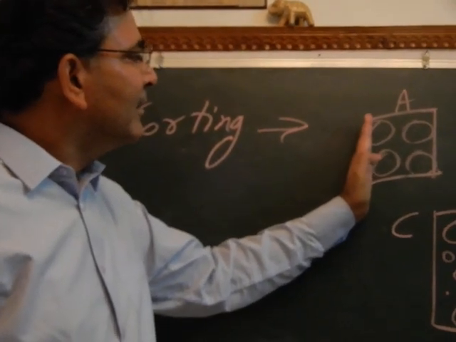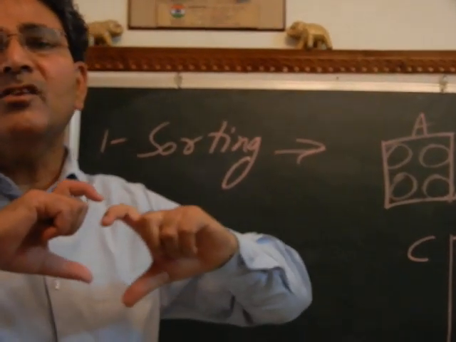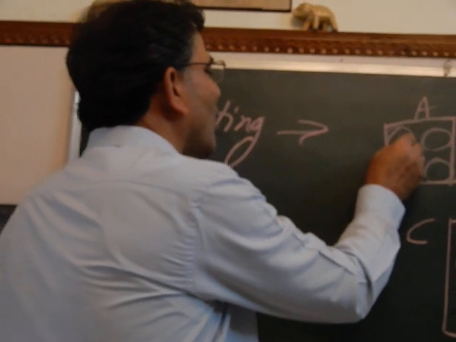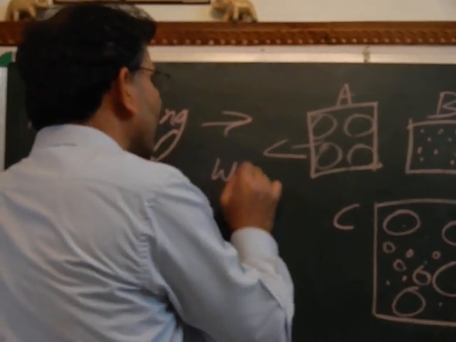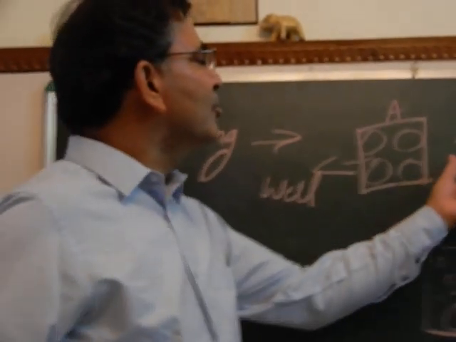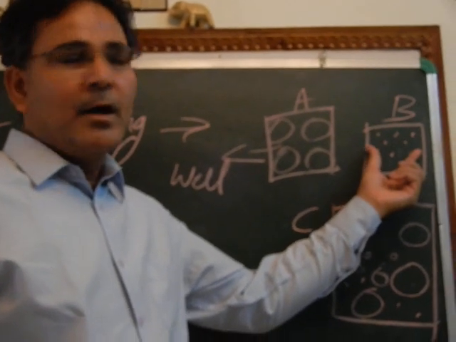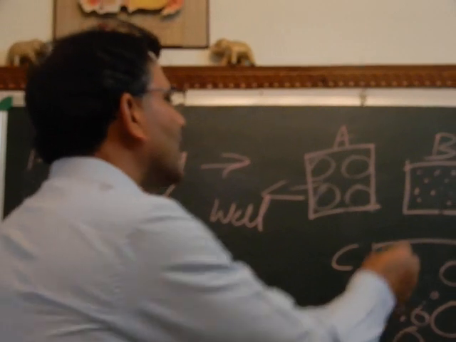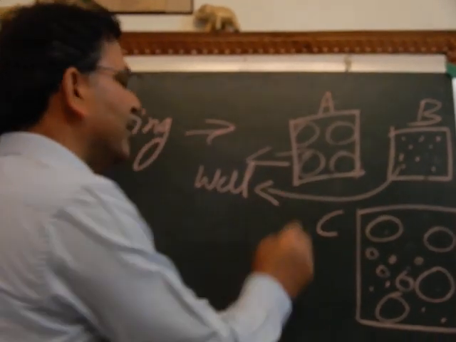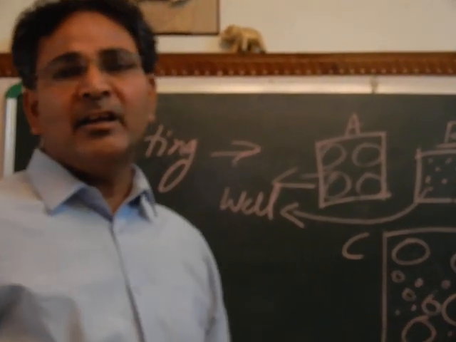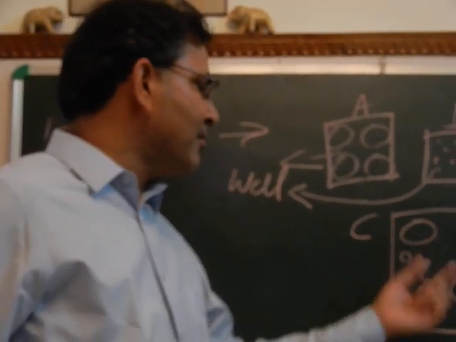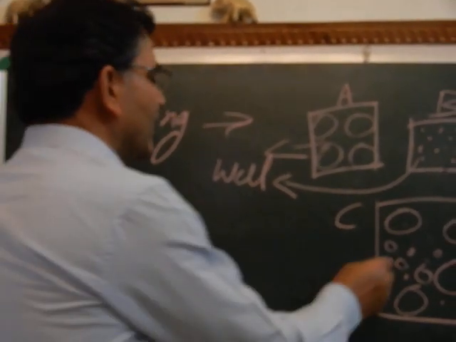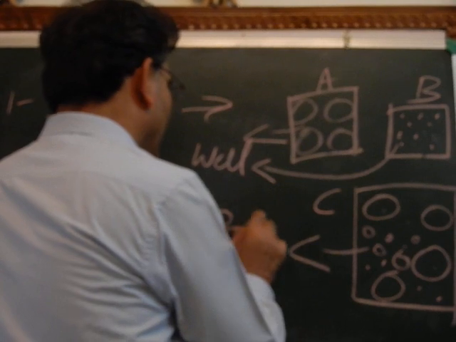In A, the variation in the size of sediment is very low, so sorting is very good, they are well sorted. In B, no doubt the energy is low, but the variation in the size of the sediment is very low, so they are also well sorted. In C, the energy is fluctuating, sometimes very high, sometimes very low, and they are known as poorly sorted.